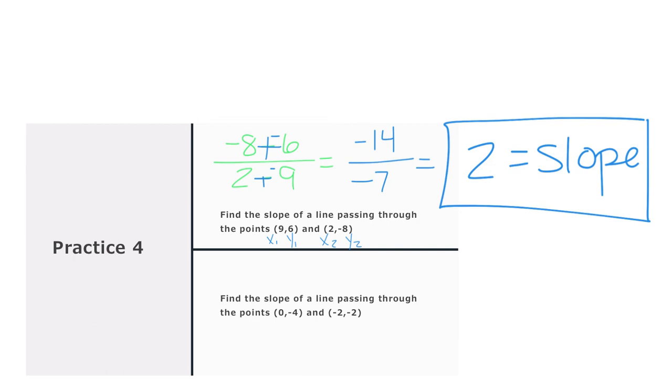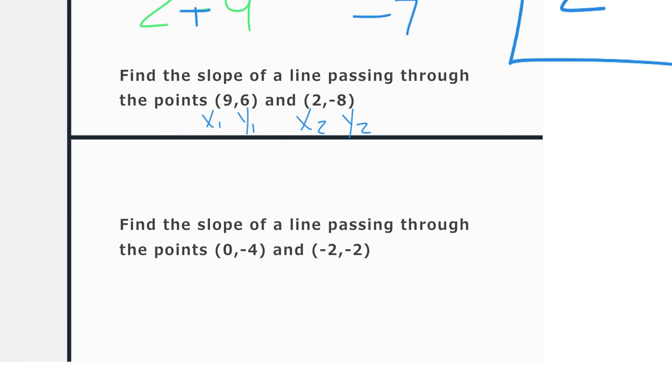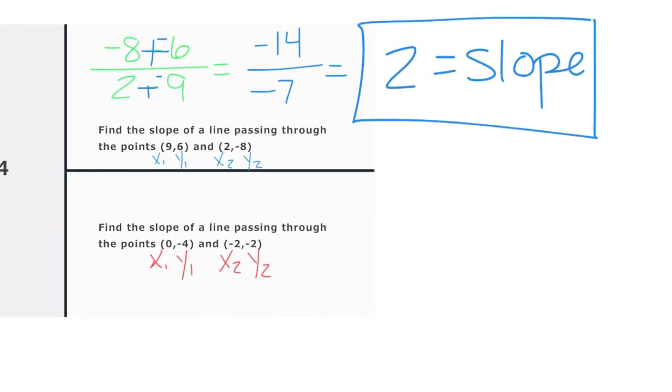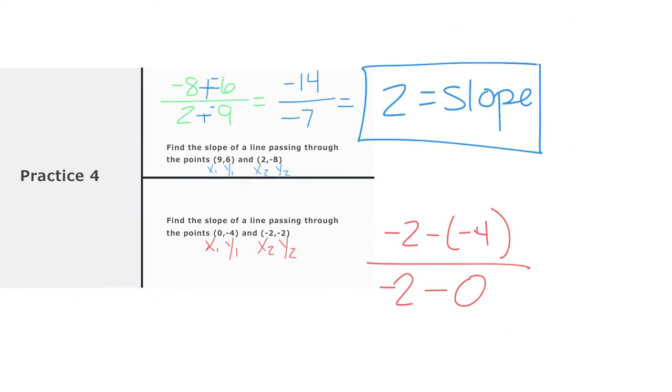All right, so leaving that alone, your slope is 2. All right, last one. Make sure I label first. We have x1 and y1. I have x2 and y2. y2 comes first, and that is a -2. Then we always find the difference. Minus y1, and that is a -4, all over x2, which is a -2, minus x1, which is 0.